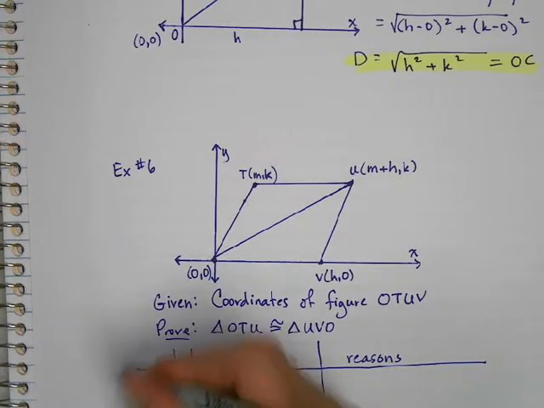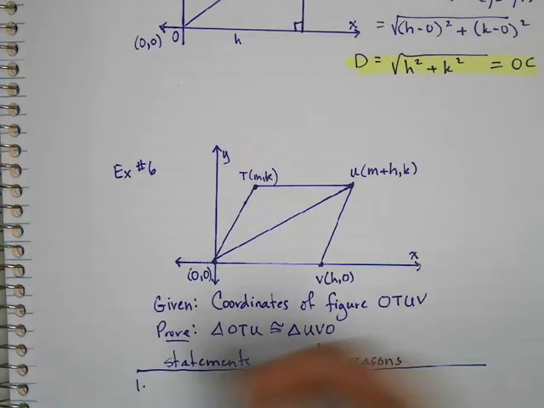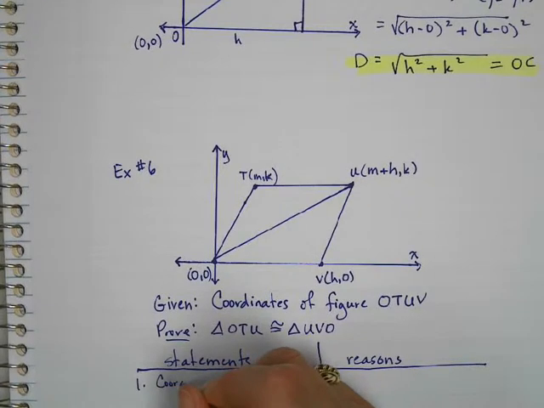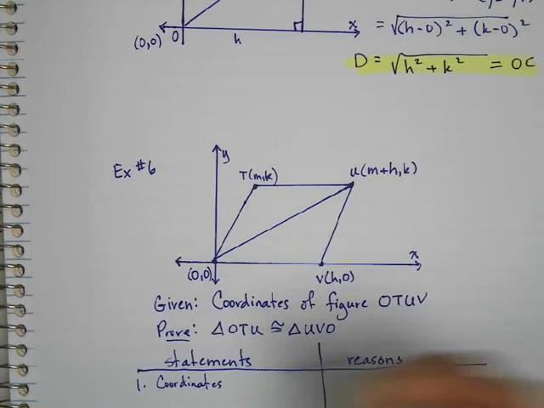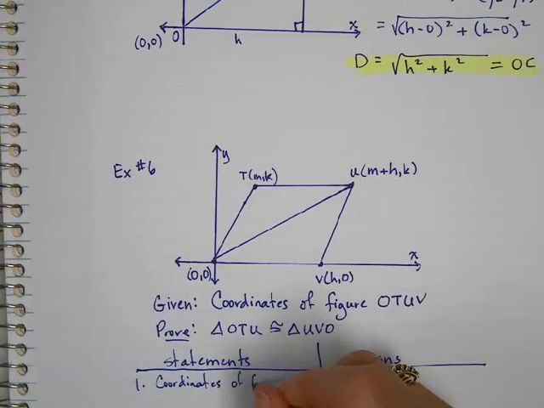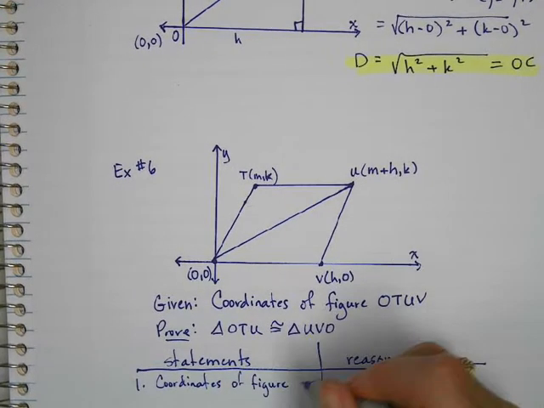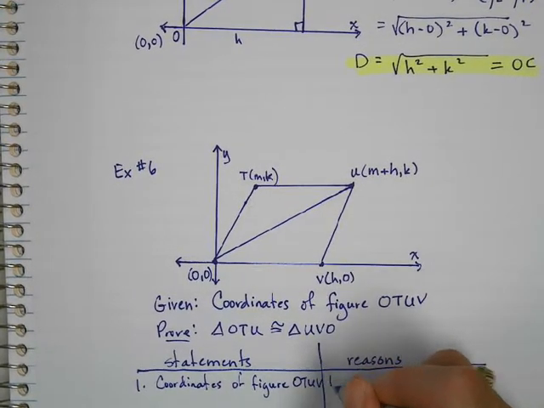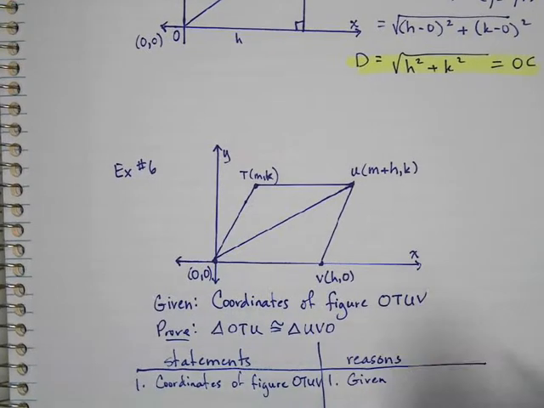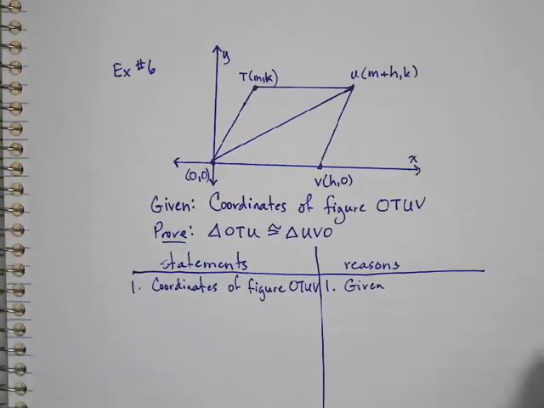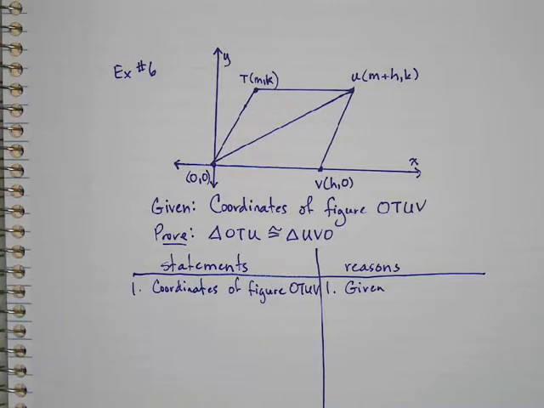Alright, first of all, we're given the coordinates, so you can write that down. Coordinates of figure OTUV, and that's given. Alright, then we just start proving what we know.